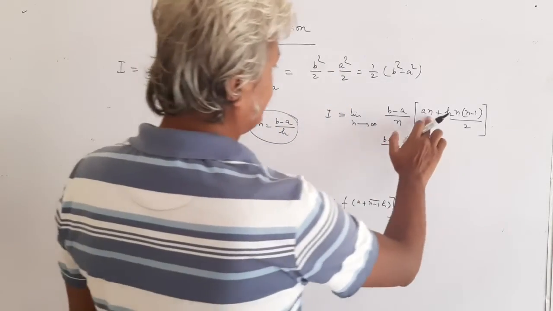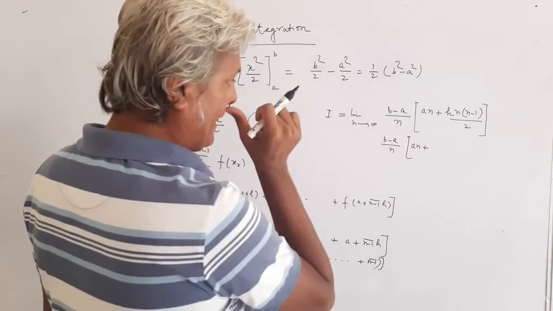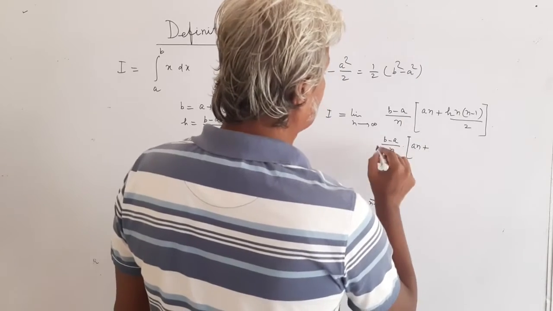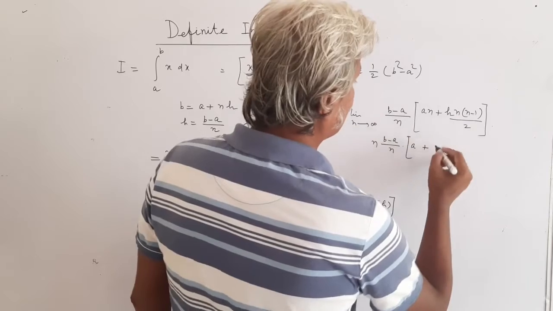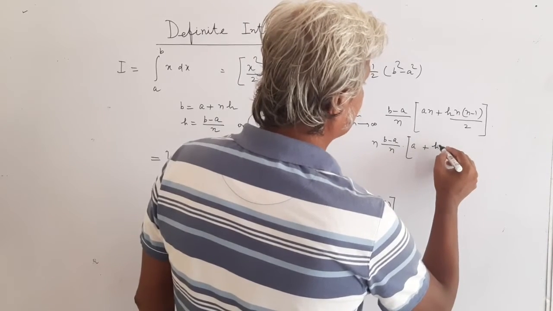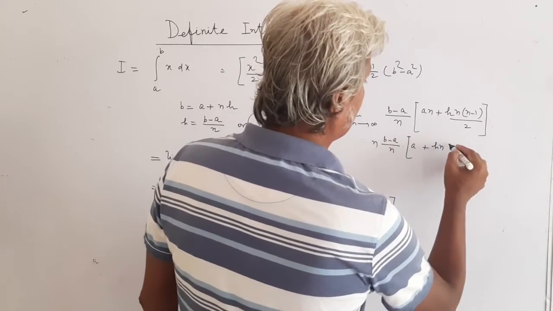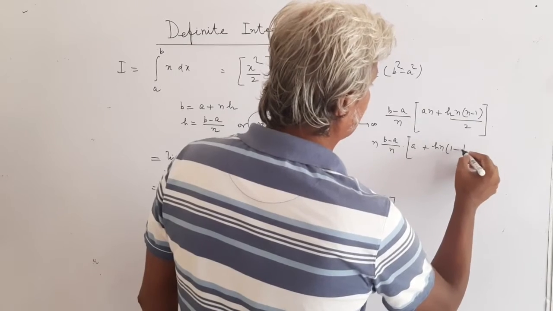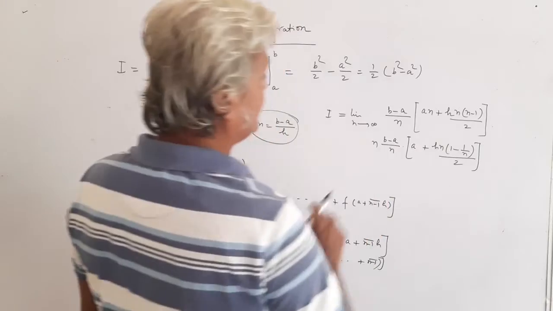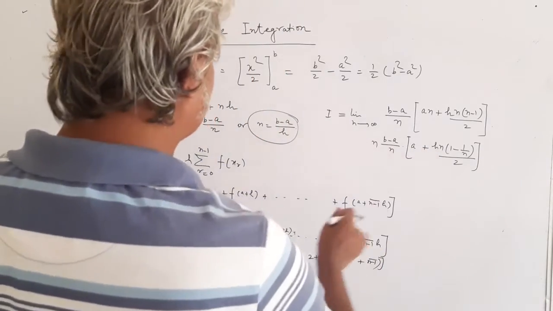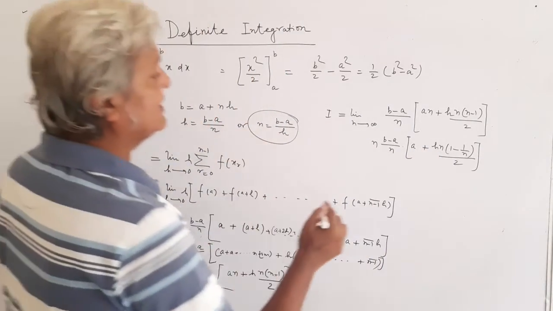There is n here also, n here also, but I want to take one n common. So first let me take n common, this n is gone, and then this h, I leave this n there only. I take one n common from this, this becomes 1 over 1 minus n by 2, and at the place of this h inside this, I will write nh as b minus a.